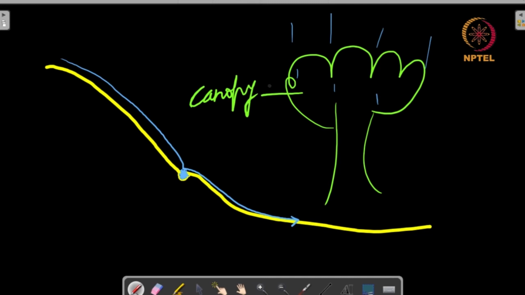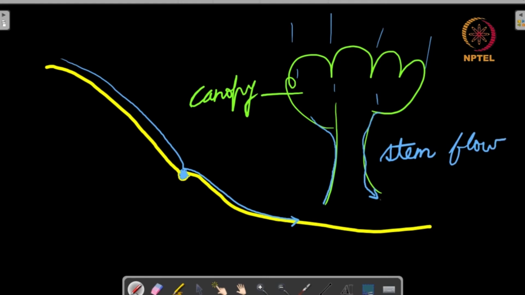These leaves and the branches hold the water. And after some time, this water will start to move through the bark and through the stem of this tree in a process that is known as stem flow, and then it will reach the ground.